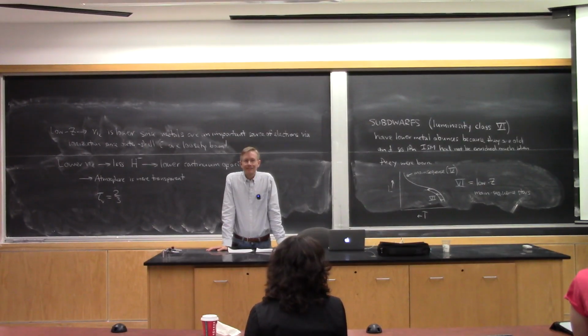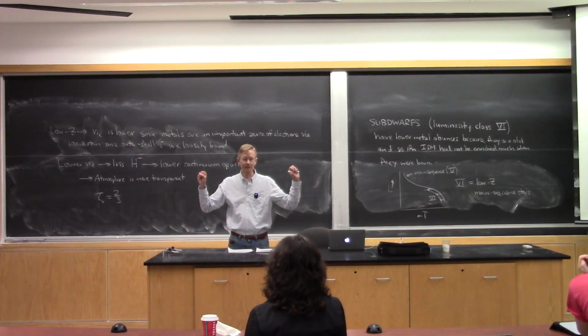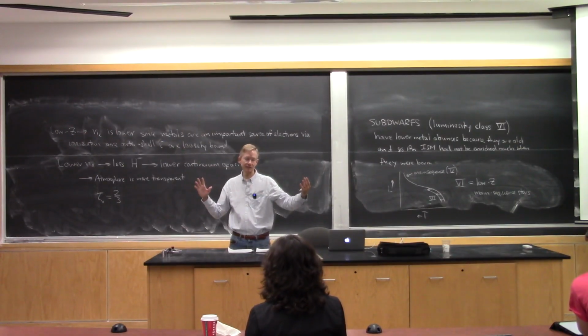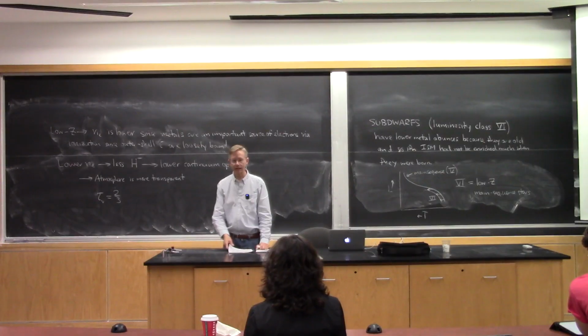Mm-hmm. So think of being in a fog, right? Because opacity describes a fog too. When can you see further? When it's foggier or less foggy? When it's less foggy, you can see further, right? So these atmospheres are less foggy, so to speak. They have lower opacity. They are clearer to see through. So you can see deeper into the star as a result of that.